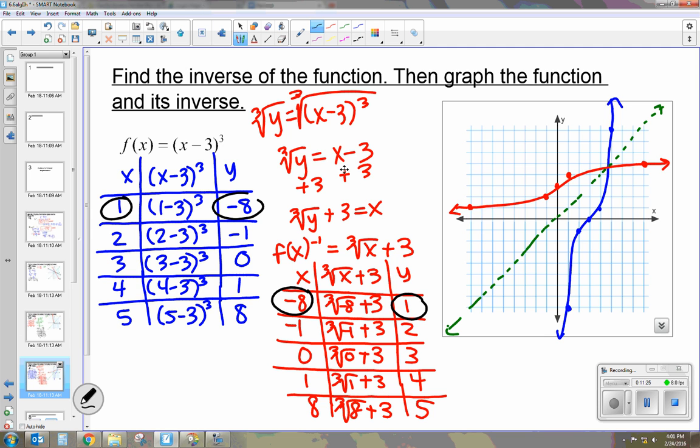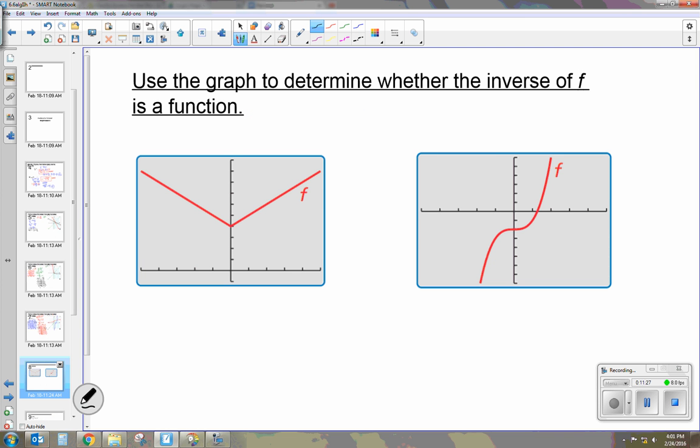All right. What we've got next is using the graph to determine whether the inverse of f is a function. So we're trying to determine if the inverse of this graph is a function or not. What we can use is a horizontal line test.